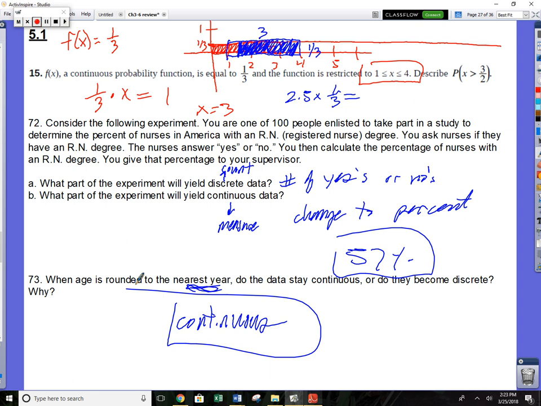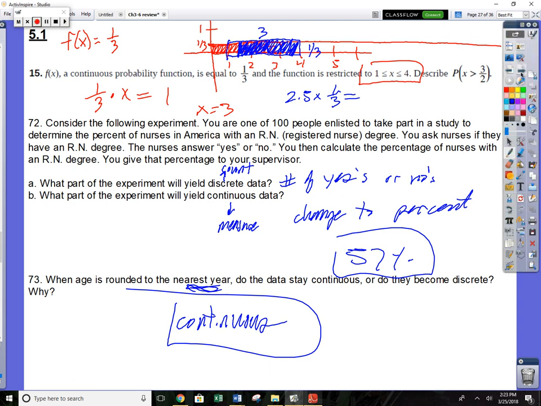If you round age to a nice whole number, that's still continuous because your age is something you're measuring. If I were to count how many employees are 45, let's say I got 7 employees that are 45, that would be discrete, something I can count. But age is something I measure, so it's continuous.